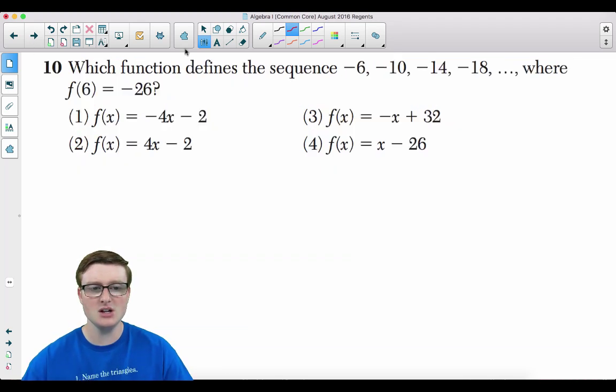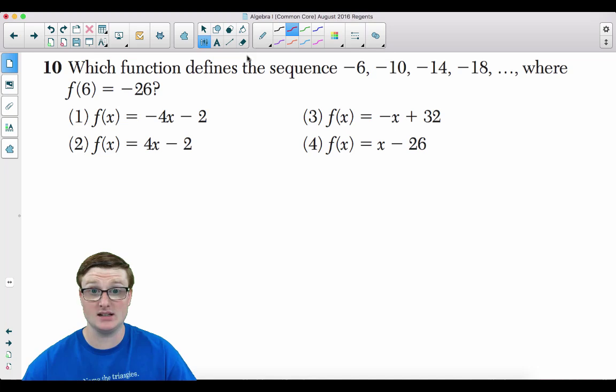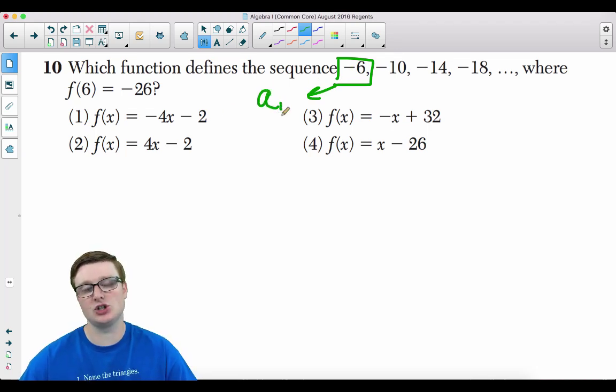Okay. Number 10, which function defines the sequence -6, -10, -14, -18, and so on, where f of 6 is equal to -26? So we have to figure out which of the following sequences generates -6 as the first term.